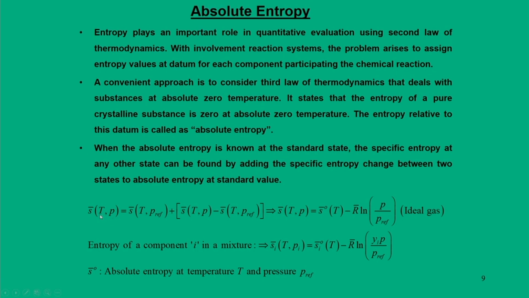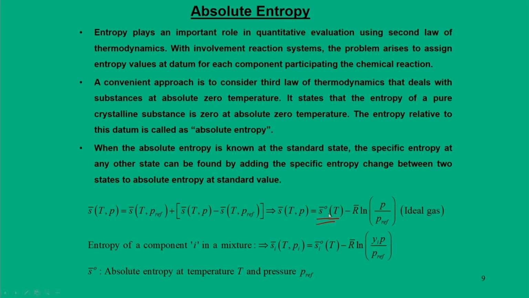If you need the entropy at a certain pressure and temperature, first we have to find out what the reference entropy is, and this reference entropy at reference pressure and temperature has to be found out through absolute entropy. Yes, that means there you talk about enthalpy of formation. Here we will talk about absolute entropy S0, which is a function of temperature only.